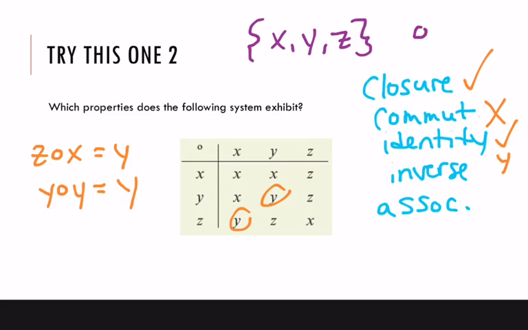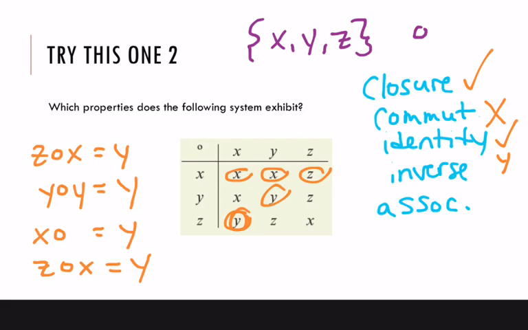But now for x, if you look across your row, here are all the answers you can get when you combine with x, and it doesn't work. x circle what is the identity y? Nothing. Right? Now if I go the other way, I do have something that I can circle with x to get y. If you're looking at this one down here, z circle x is y.